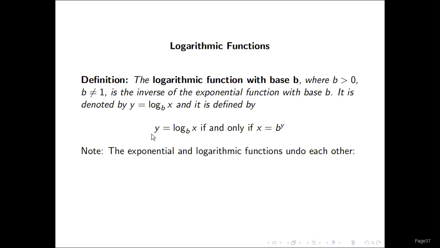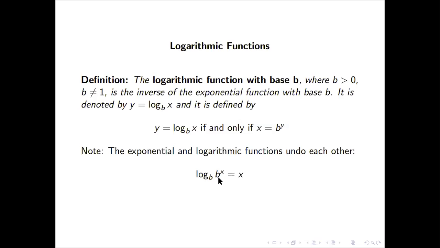So again, note that the exponential and logarithmic functions undo each other, so that we have the following identities. Upon application of the exponential, then the logarithmic, we just return to the original input number. In other words, if I raise a number to b, then take the logarithm of that to the base b, I get back to the number.